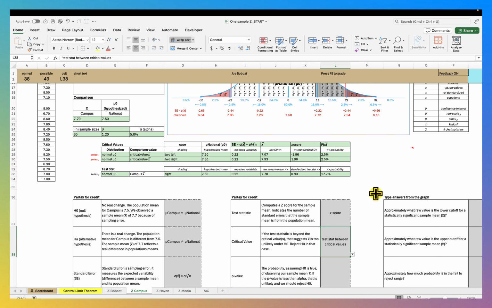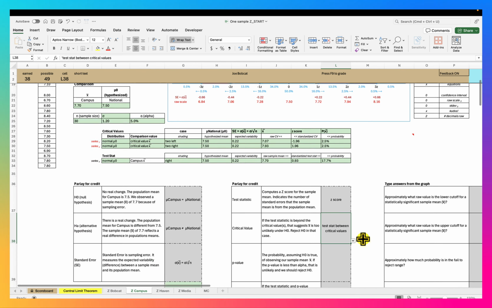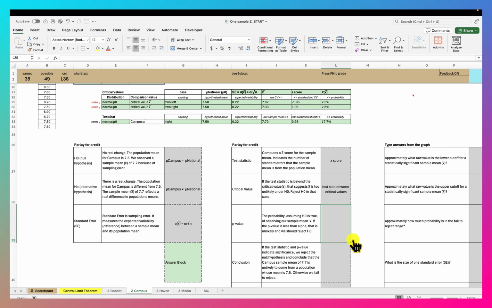And also, as far as probability goes, the probability of this value is 17.7%, which is more than the 2.5% in this tail. So we need to say that too. The probability of X bar is actually greater than alpha in that tail. And so, in this case, we fail to reject.